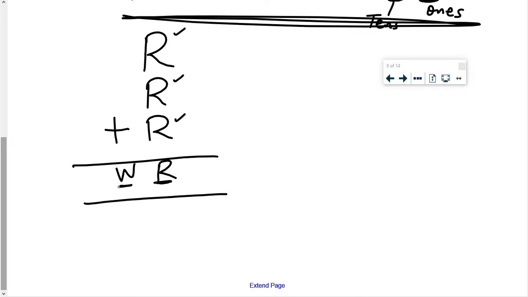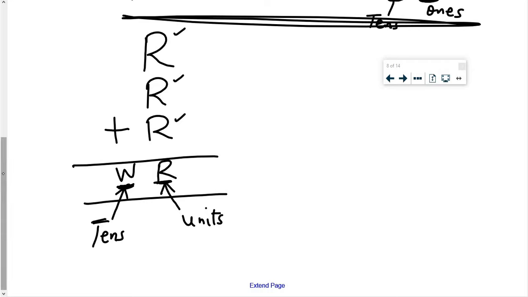But this digit here is different from all of these. Now the question is, can you figure out here what will be the value of W? Because W is the digit which is in the tens place, and R is the digit which is in the units place.